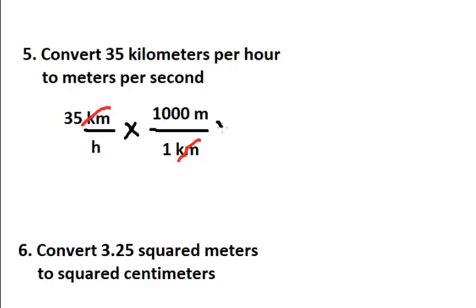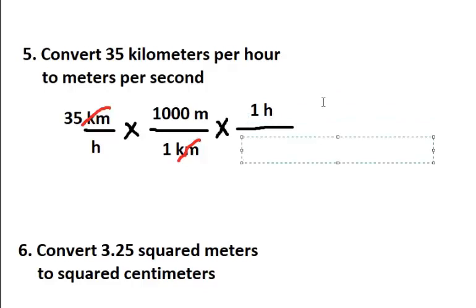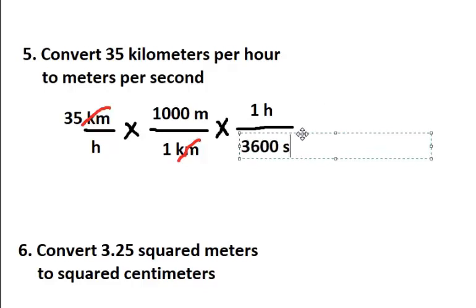Now we need to cancel the hours. So we're going to multiply with another fraction, and this is going to be a fraction of time. Because I have hours down, that means I need to write in the fraction hours up. So I'm going to put 1 hour up. And under the line I need seconds, so I'm going to use 3,600 seconds, which is the identity that works with hours and seconds.